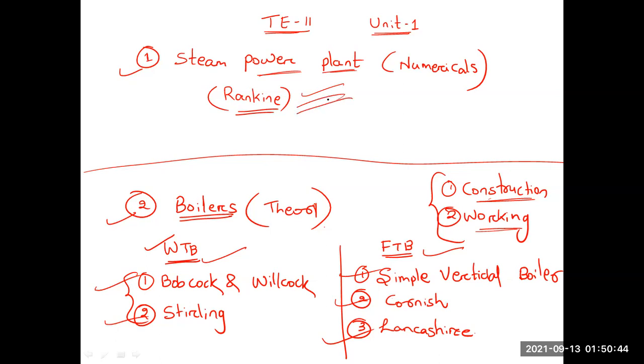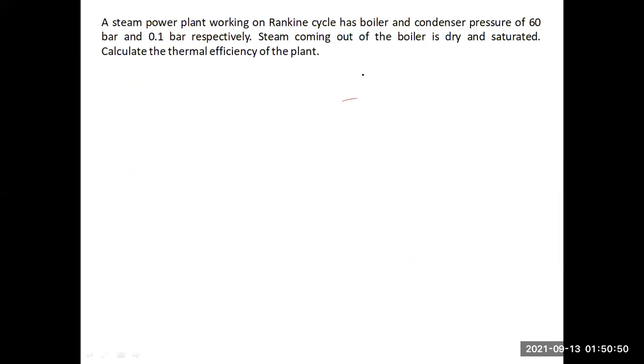For that, we have a problem. Here I have written one problem from steam power plant. As I told you, the steam power plant is based upon the Rankine cycle. Before that, let me quickly tell you what the Rankine cycle is, how these cycles look, and what the different components of the Rankine cycle are. Then we will come to the problem.